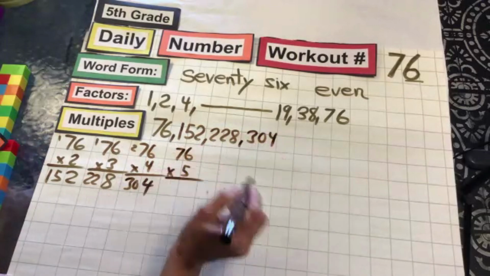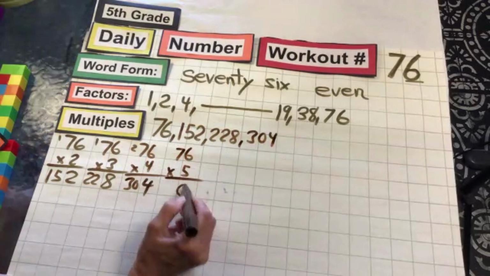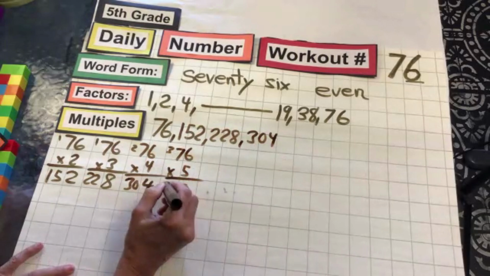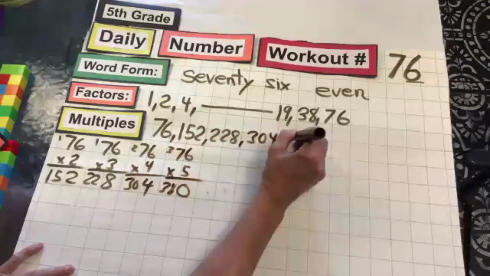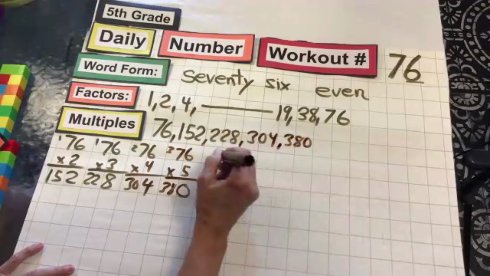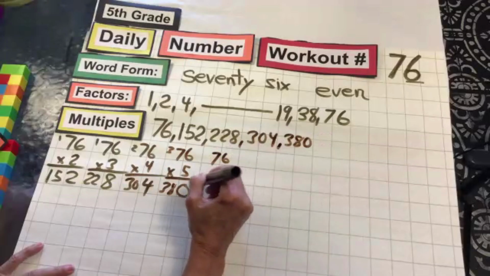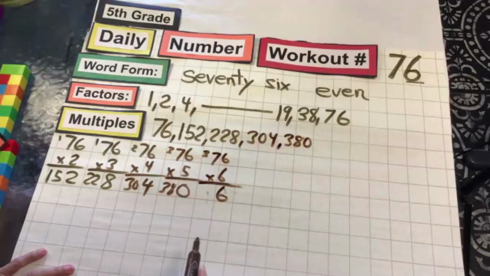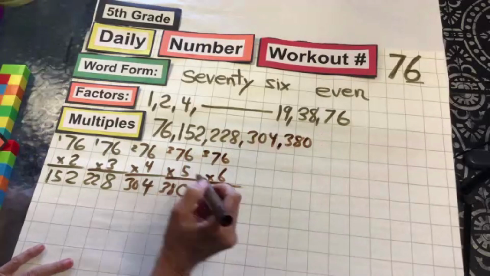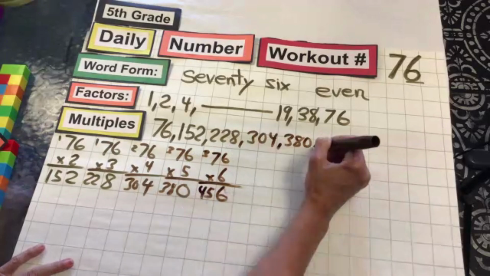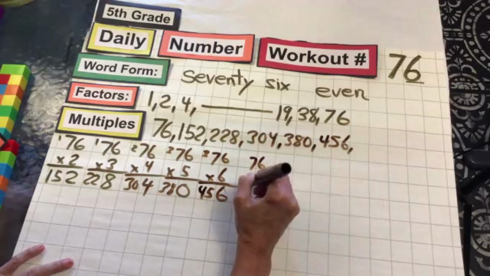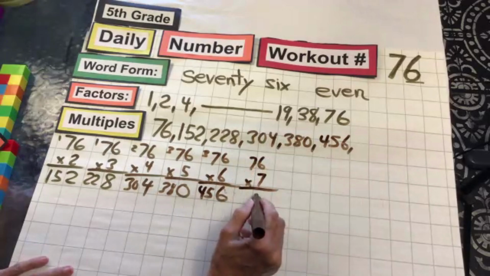76 times 5. 5 times 6 is 30. Drop the 0, carry the 3. 5 times 7 is 35, plus 3 is 38. That would be 380. 6 76s. 6 times 6 is 36. Drop the 6, carry the 3. 6 times 7 is 42, plus 3 is 45. 456. 7 76s. 7 times 6 is 42.